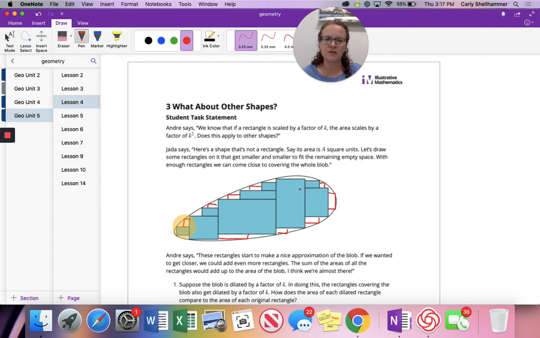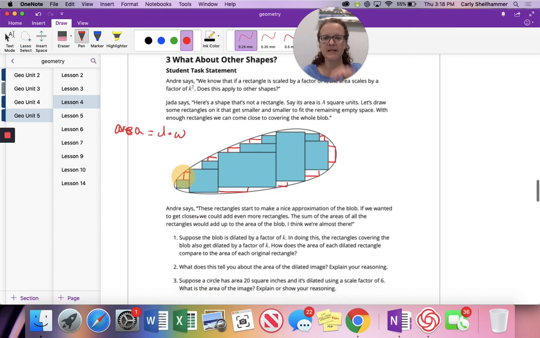So we just filled it with lots of rectangles, and we can always find the area of rectangles by finding the length and the width of each one. These rectangles start to make a nice approximation of the blob.